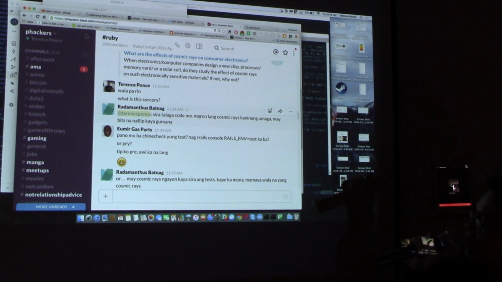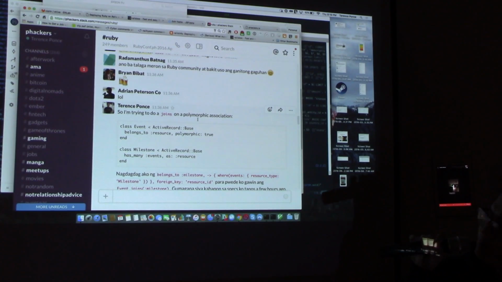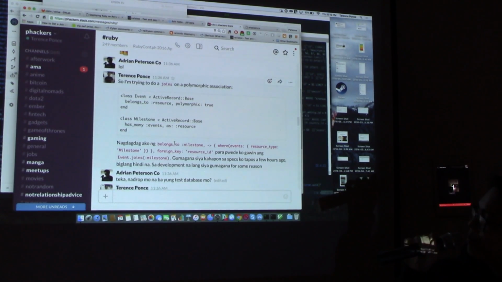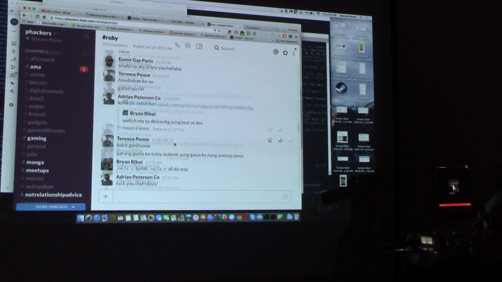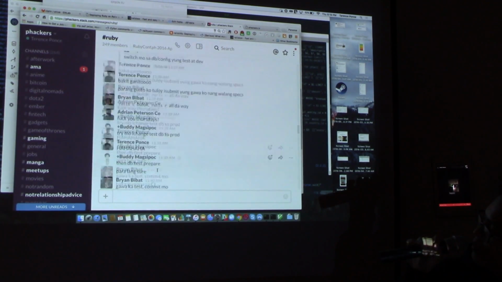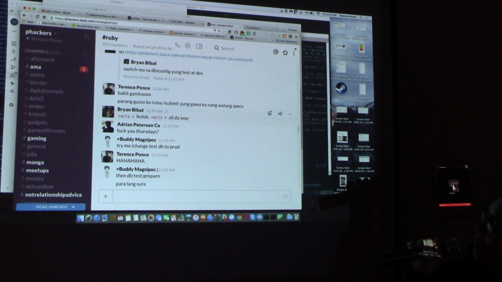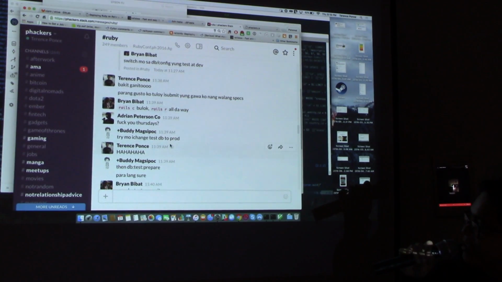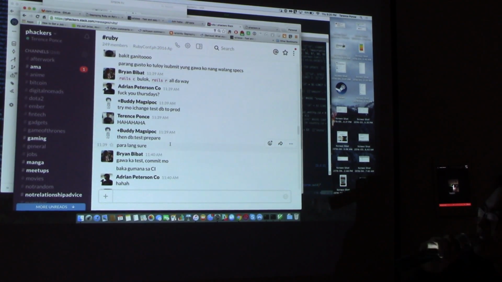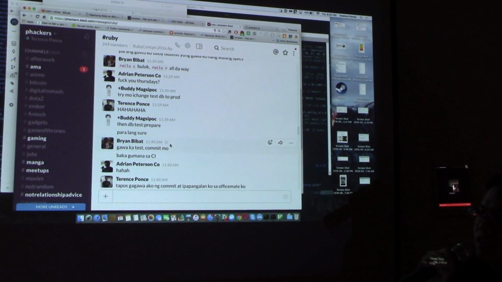So, cosmic rays, and then I shared my actual problem here. I shared some code, but it didn't matter because, here, Buddy told me to change my test DB to prod and then do a DB test prepare, which deletes and resets the database.